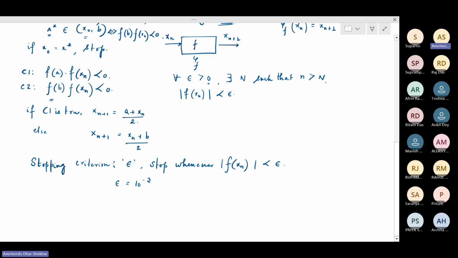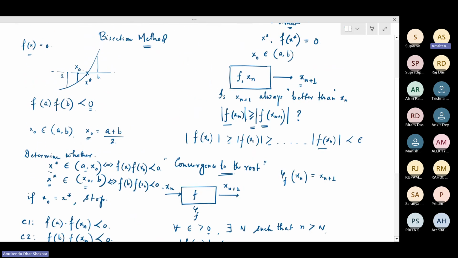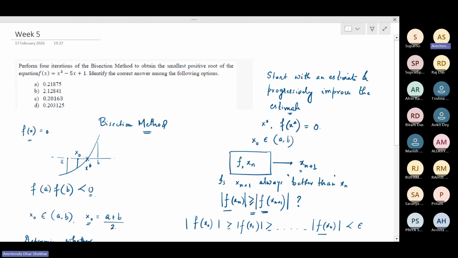Whenever this is satisfied, you stop the iteration and report whatever xn you get as your root essentially. I hope this is clear. This is a pretty straightforward procedure.